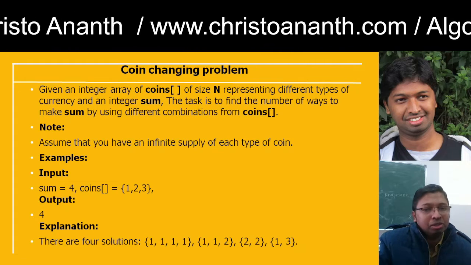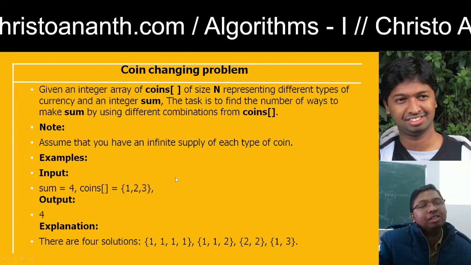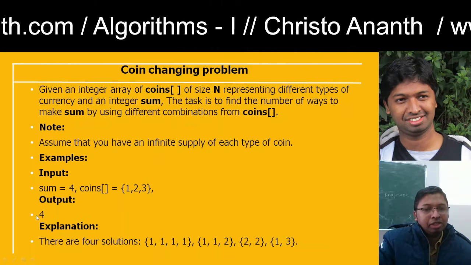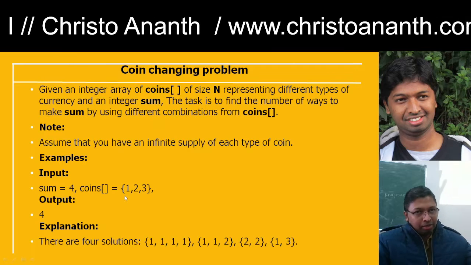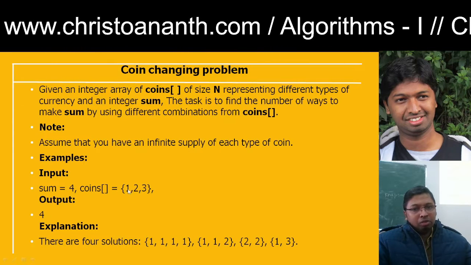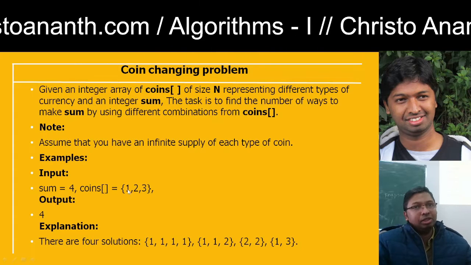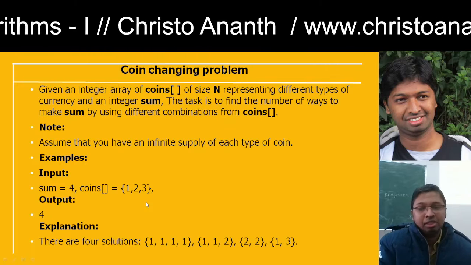Did you understand? Sum is equal to 4, coins you have 1 2 3. What are the possibilities to get sum equal to 4? So 1 four times, 1 two times and 2 one time, or 1 one time and 3 one time.